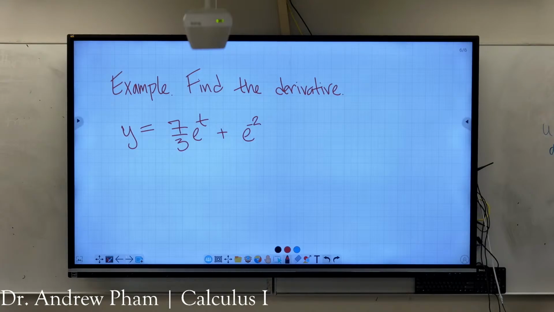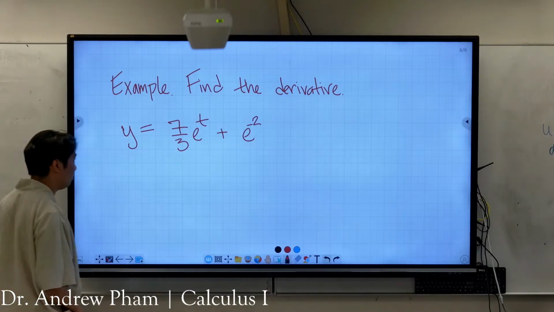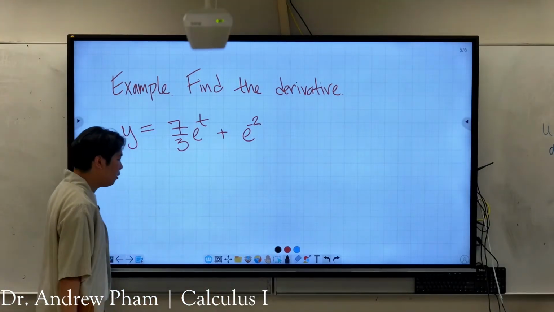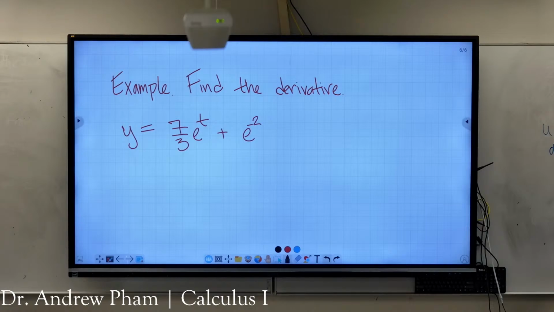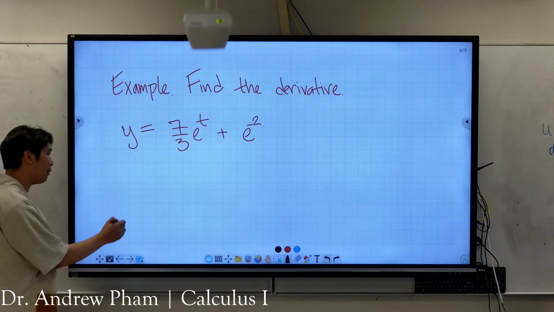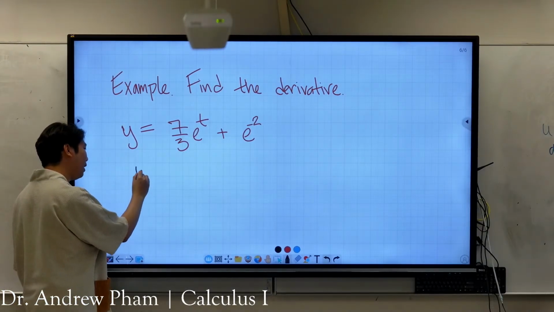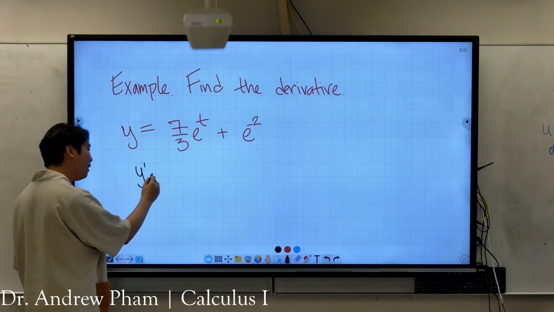I claim that we should be able to do this fairly quickly. First off, what is the notation for my derivative? What should I write exactly? y prime is sufficient. What's the other way I might write it?